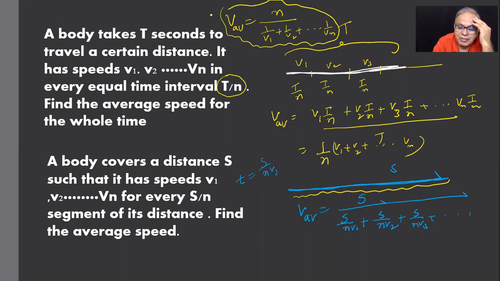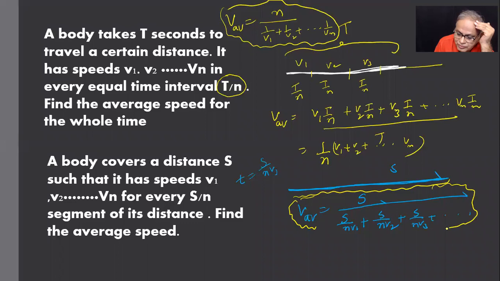Half, for example, if I put, n will be 2. So 2 by 1 by v1 plus 1 by v2, which we did already previously, right? That is 2v1v2 by v1 plus v2. For 3, we get 3 by 1 by v1 plus 1 by v2 plus 1 by v3. Do you follow? Yes, sir. This actually generalizes our previous relation.